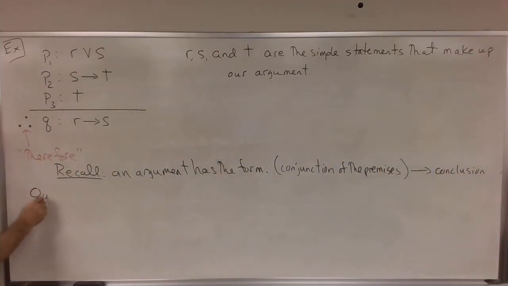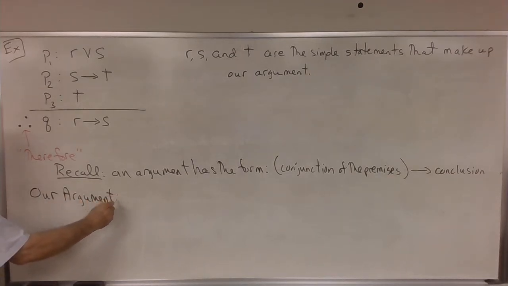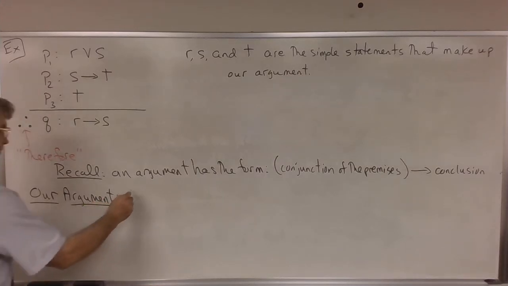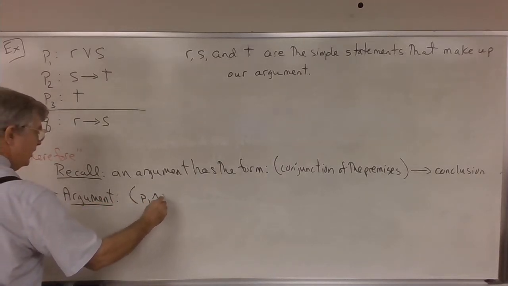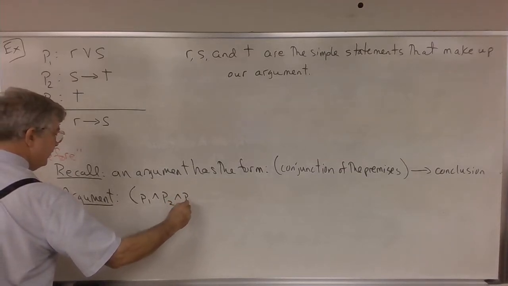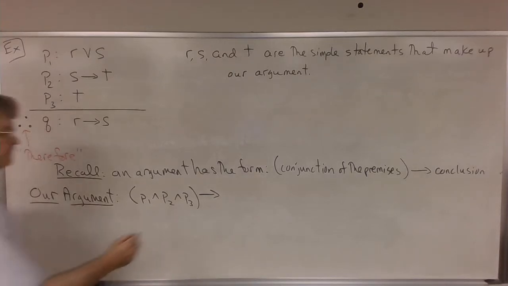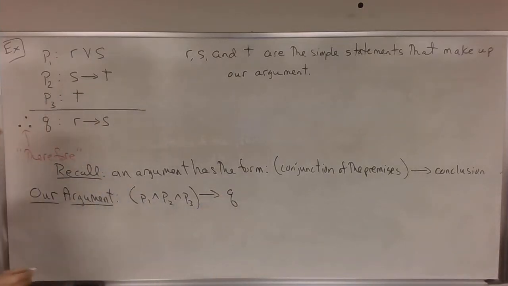Here's what our argument looks like. The conjunction of the premises P1, P2, and P3 implies the conclusion Q. That's what our argument looks like. But our premises P1, P2, P3 are made up of simple statements, as is the conclusion.